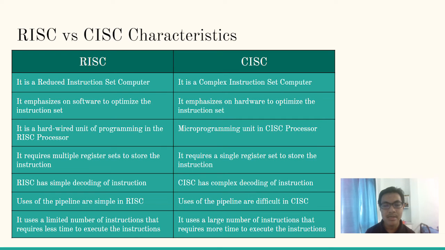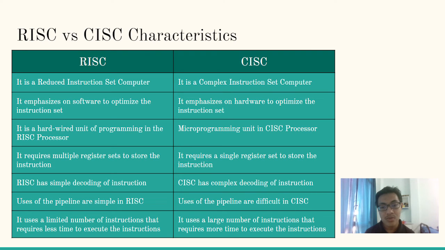Secondly, RISC is a hardwired unit of programming in the RISC processor, while CISC is a microprogramming unit in the CISC processor. Next, the third difference is that RISC requires multiple register sets to store the instructions, but CISC only needs a single register set to store the instructions.